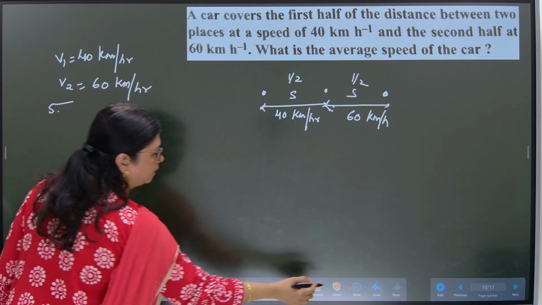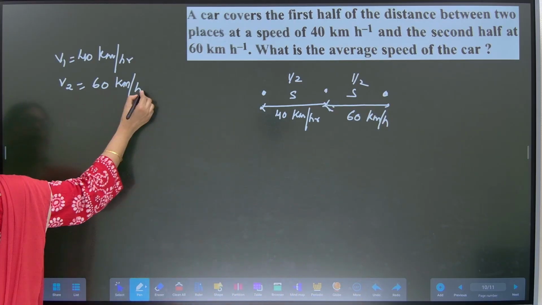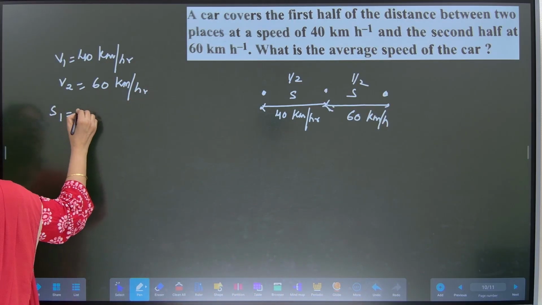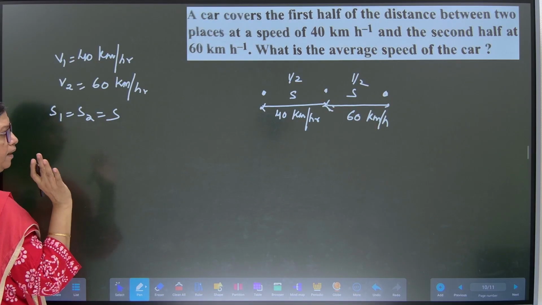S1 is equal to S2 is equal to S. First half, second half is the same.